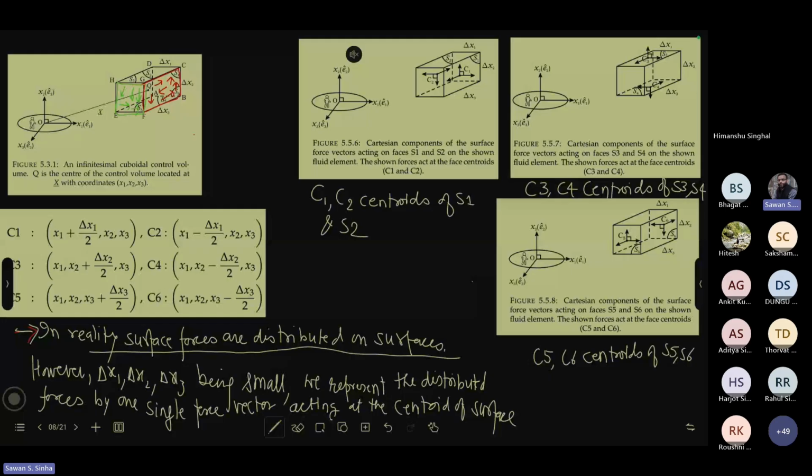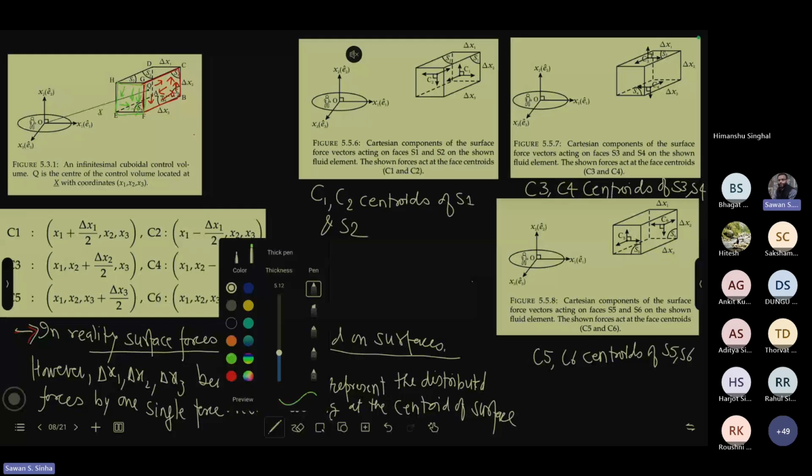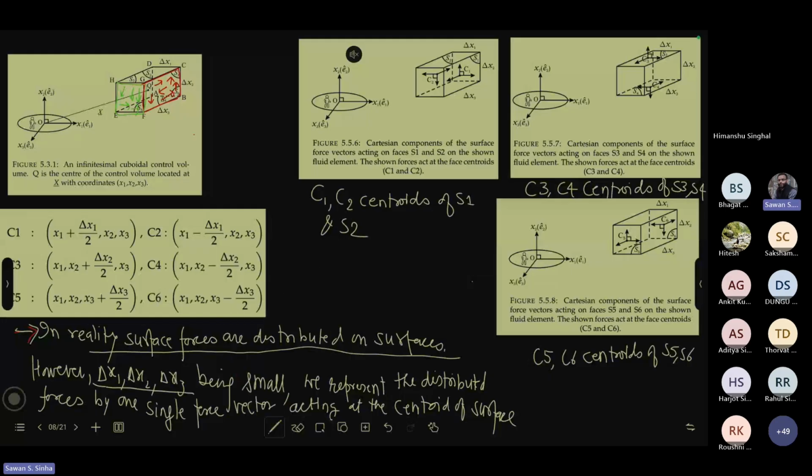However, for the same reason, if delta x1, delta x2, delta x3 are small, we assume that the distribution is uniform on that face, and then we can replace these distributed force systems by one single force vector on each face acting at the centroid of the surface. That's what I'm showing here.